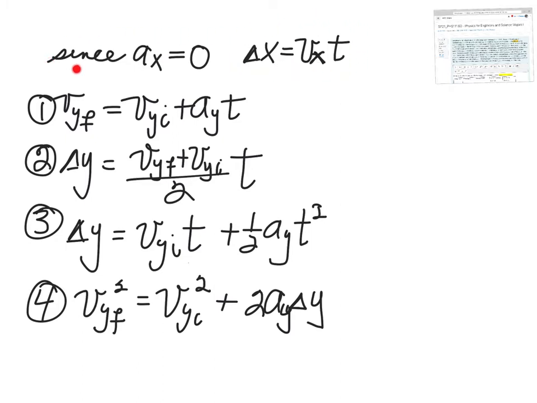This is the only equation you'll ever use for projectile motion in the x direction. In the y direction, the acceleration is negative 9.8 meters per second squared. And so here are the 4 equations you'll see on your equation sheet, but I've replaced all the x's with y's. Why? Because it's in the y direction.